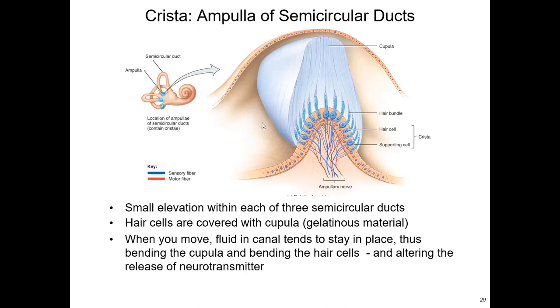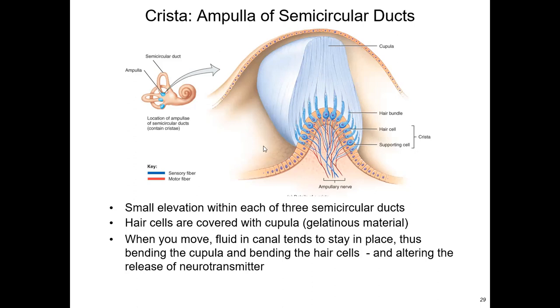And here again, pressure waves from sound cannot move the hair cells because they are embedded in this layer of material. So to bend these hairs, we need to deform the entire cupula.